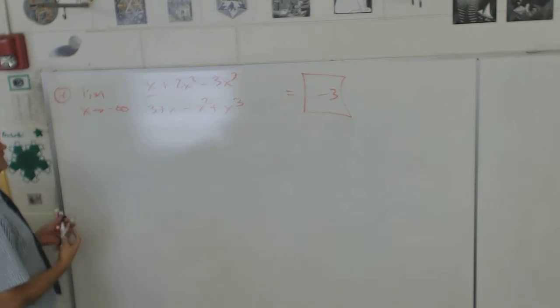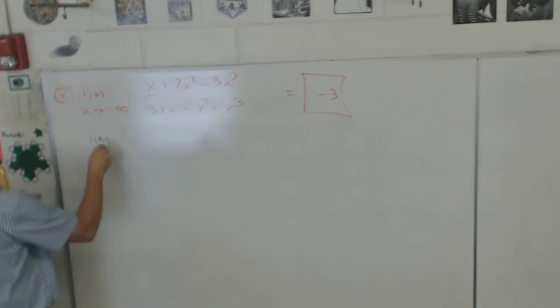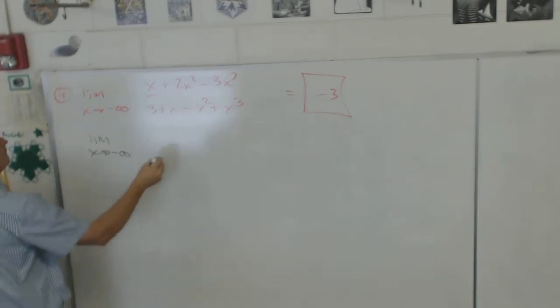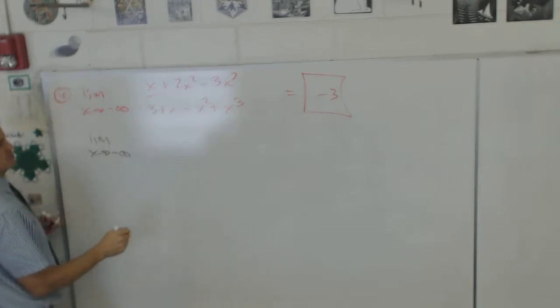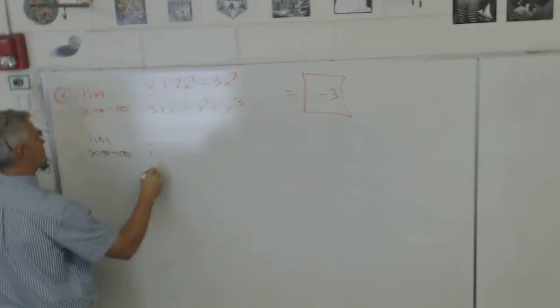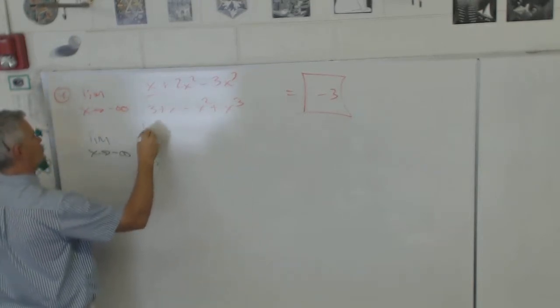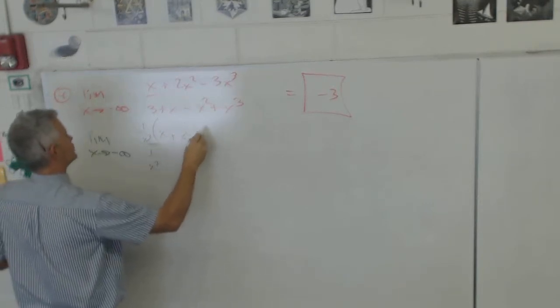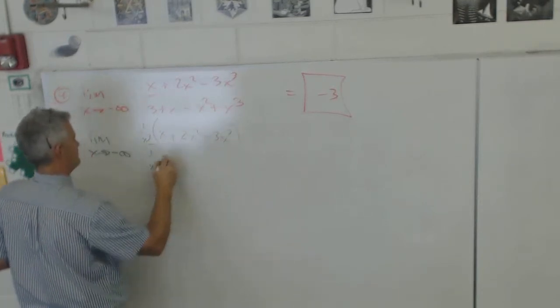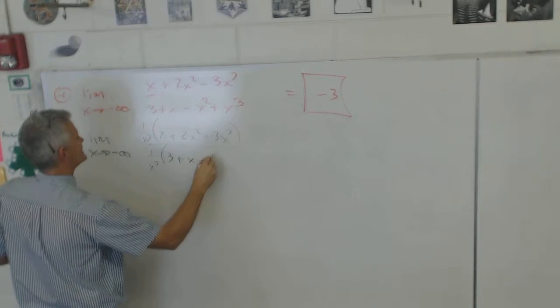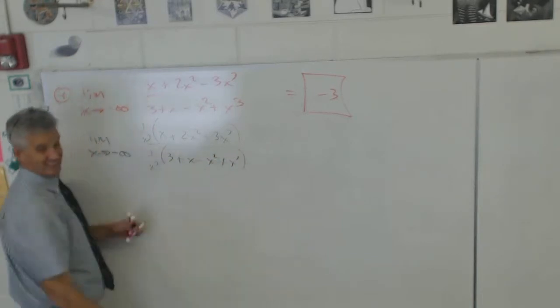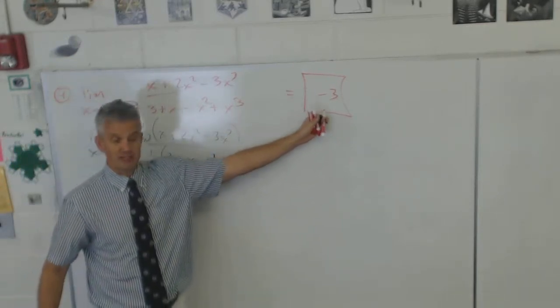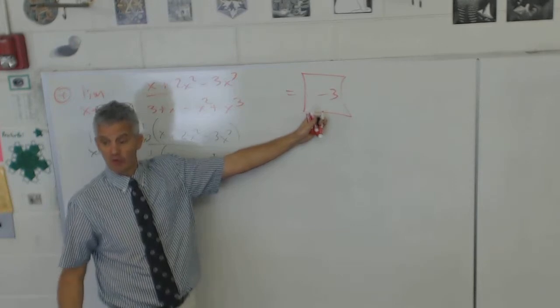What really could be done is look at the bottom. The highest degree is 3. So multiply top and bottom by 1 over x cubed. This is what's really going on behind the scenes. Now, I'm not saying that you have to do this work. I'm really expecting that you knew the answer is -3. You mark a -3, you move on.